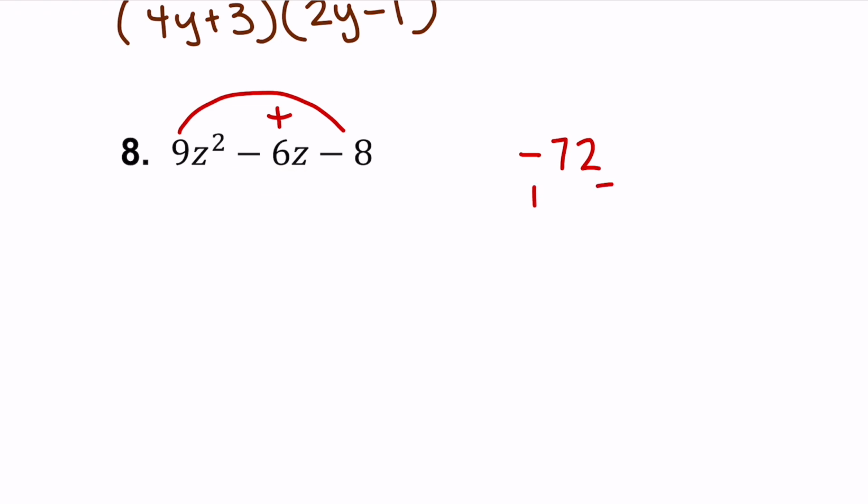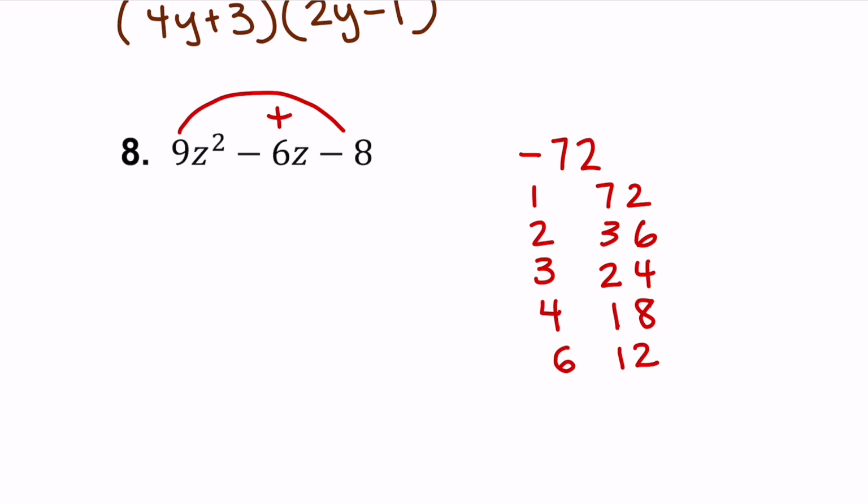So we have 1 and 72, 2 and 36, 3 and 24, 4 and 18. 5 does not go into 72 because it doesn't end in 0 or 5. 6 times 12. And the bigger number is negative, and when I do that, I notice that negative 12 plus 6 gives me the negative 6. So those are the numbers I'm going to use.